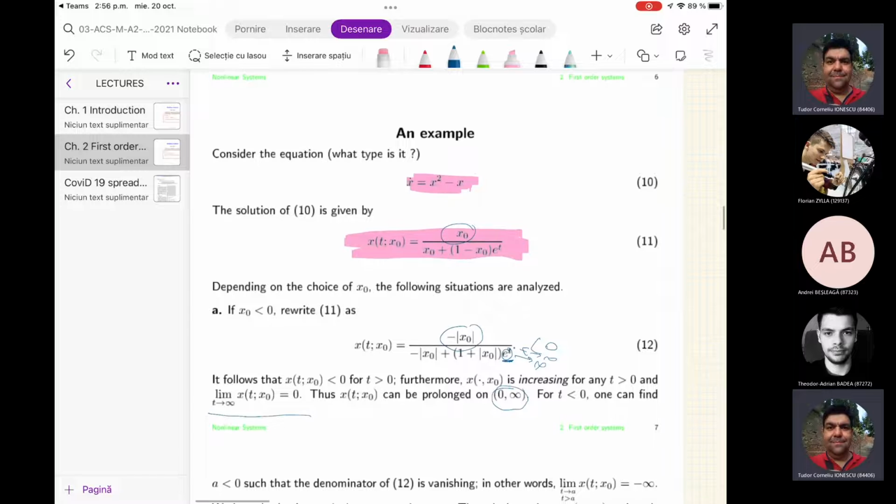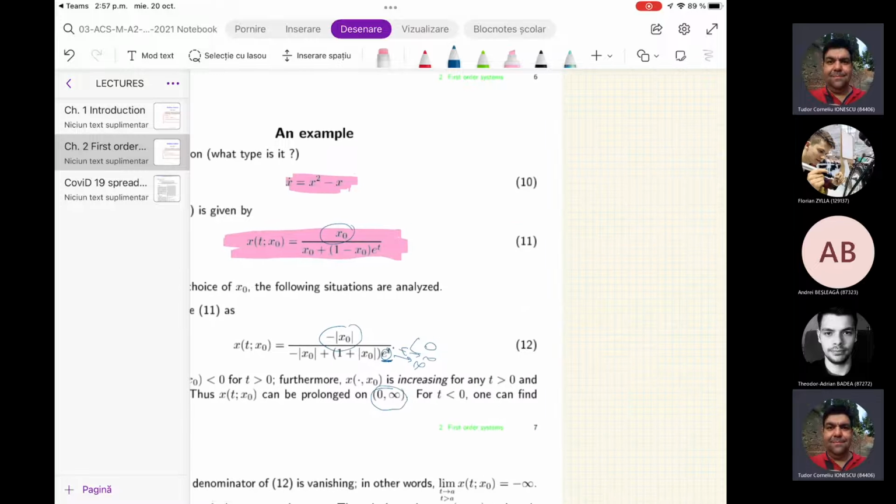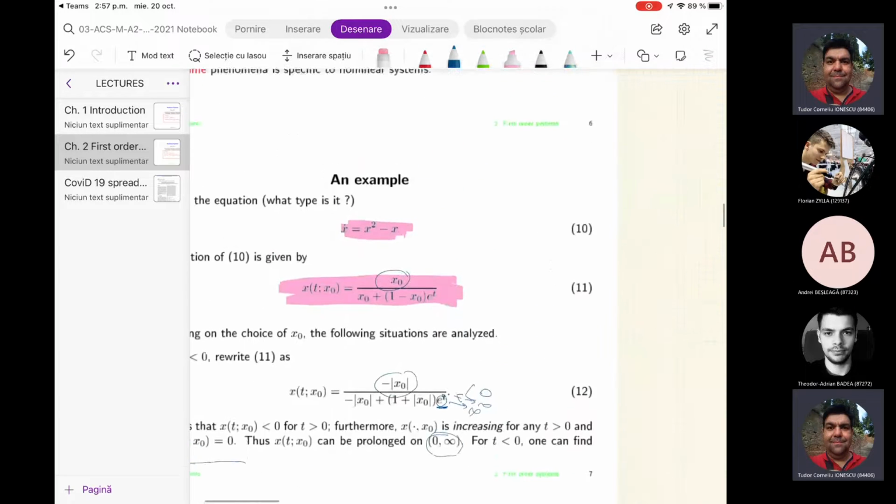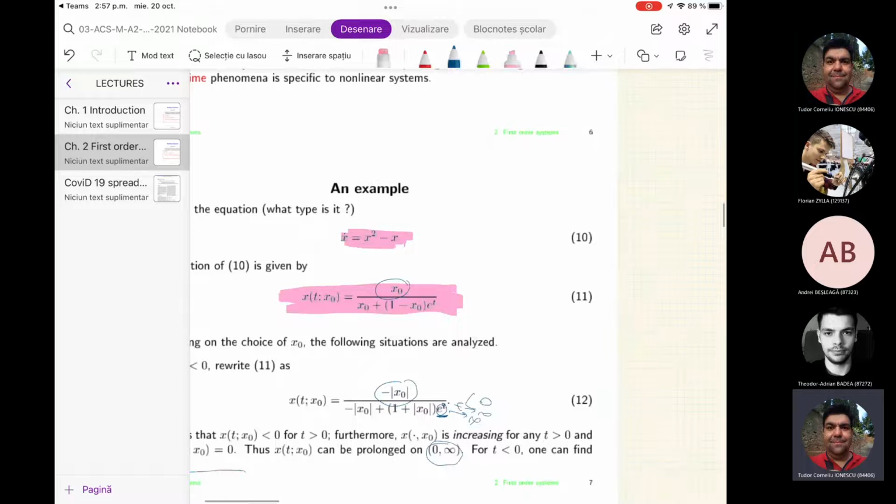But what is 0 for the system? We see that f(0) is 0, hence 0 is an equilibrium point of this system.